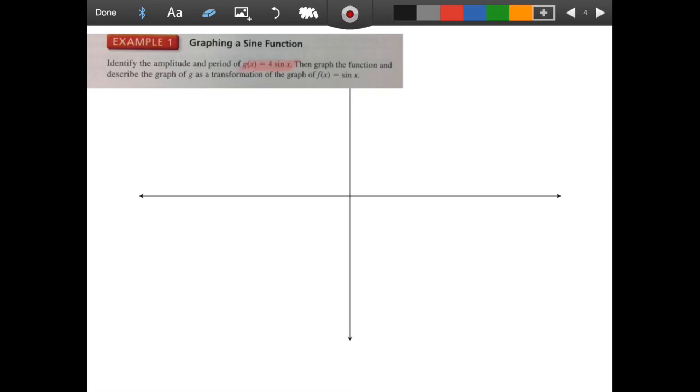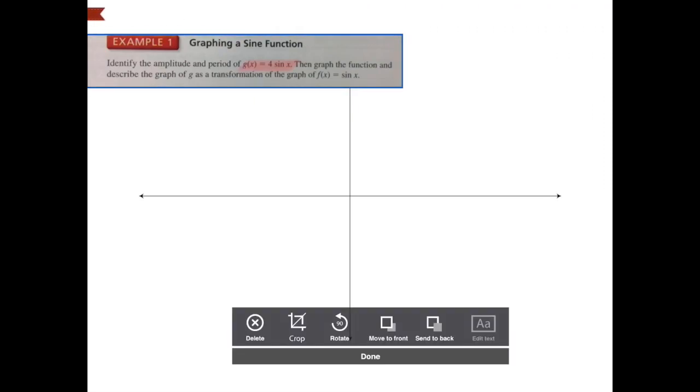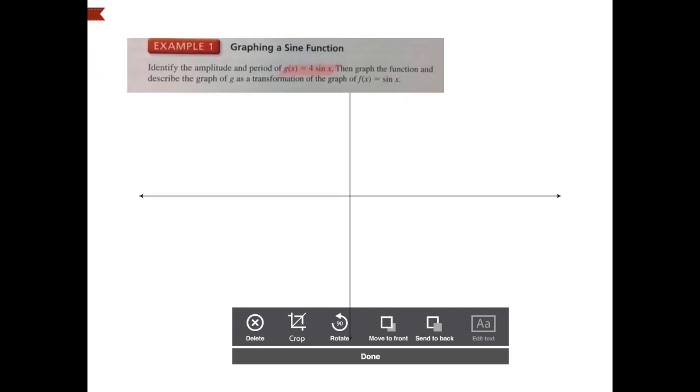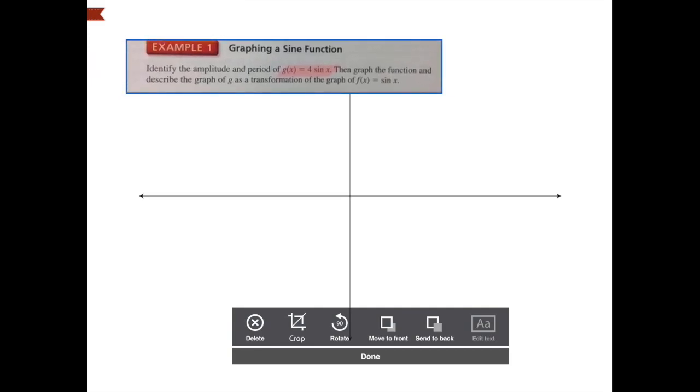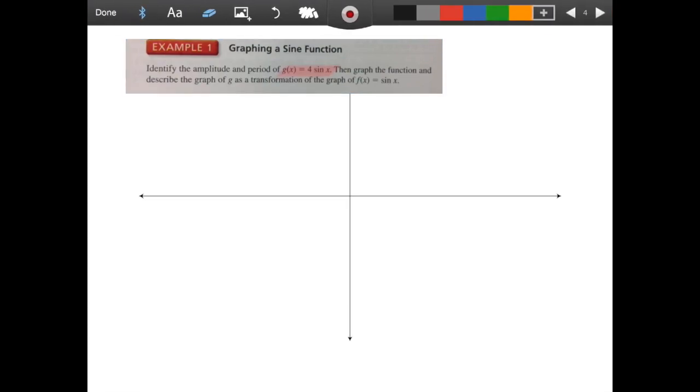In this scenario here, we're being asked to identify the amplitude and the period of g of x equals 4 sine of x. And we're going to sketch out if there's a transformation at all. Nothing too crazy here. Well, I know that there's nothing inside parentheses, like it's really just x on its own.